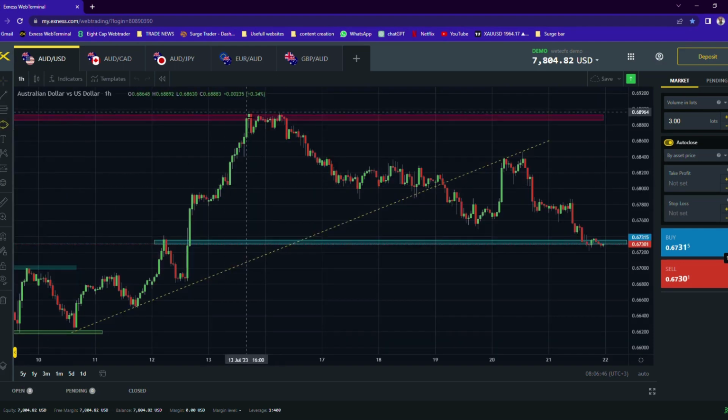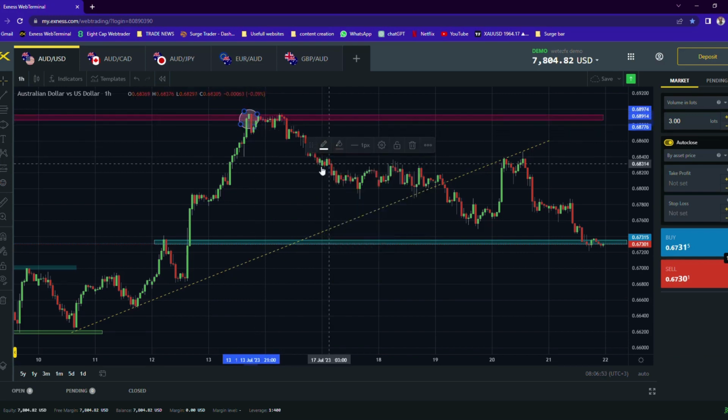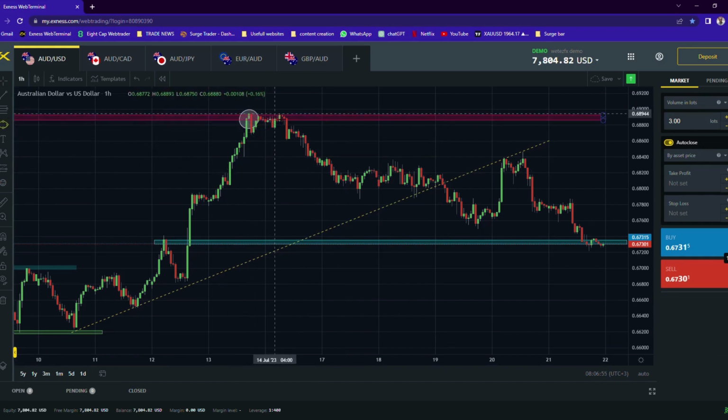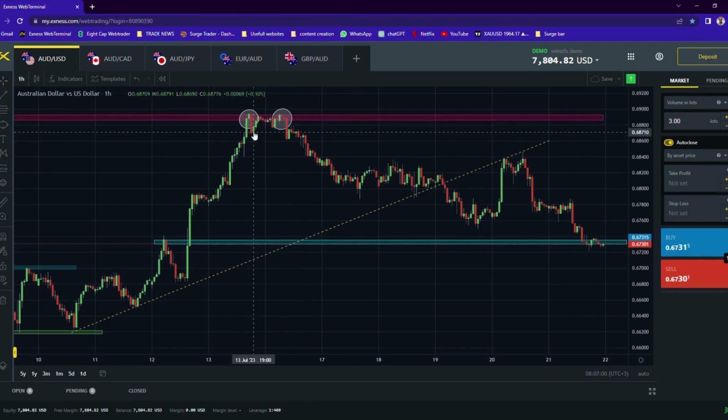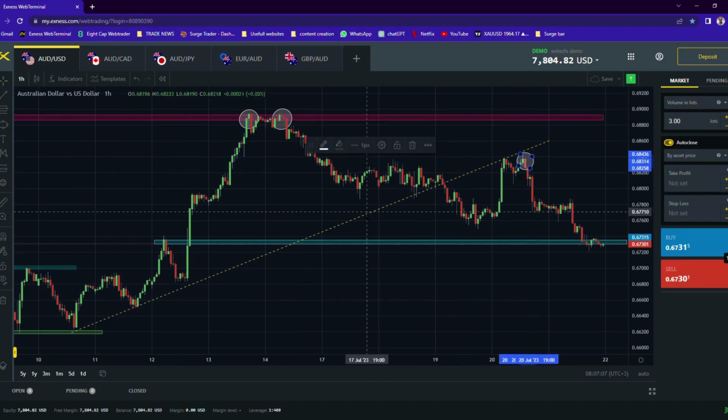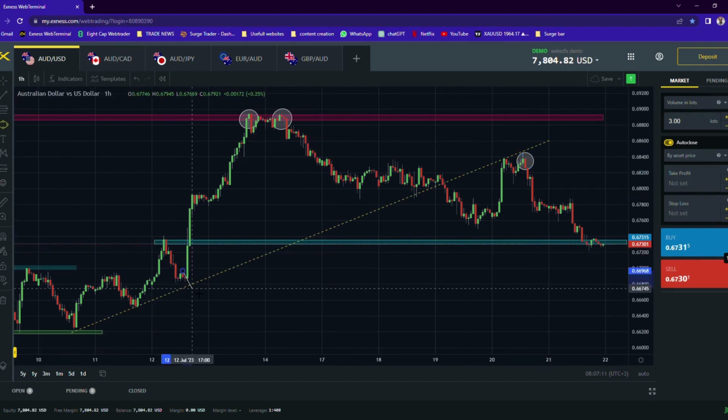So we are going to start by noting down, for example, these two points right here. We're going to note down that point, and the timing and the dates, and then we are going to note down this point right here, and this point right here, and I'll explain after.